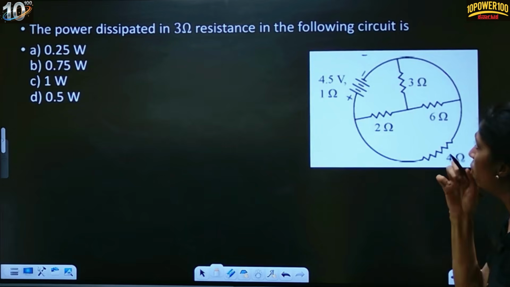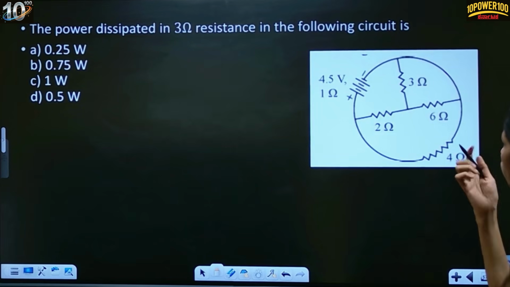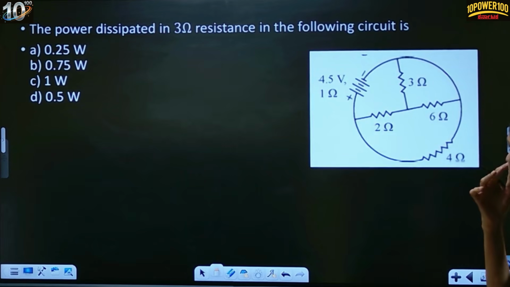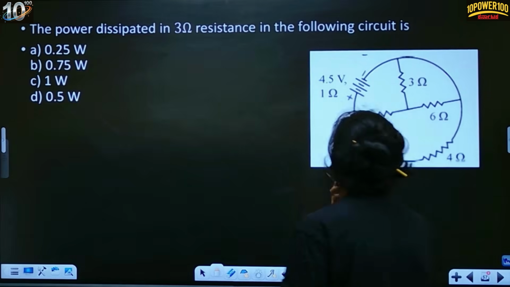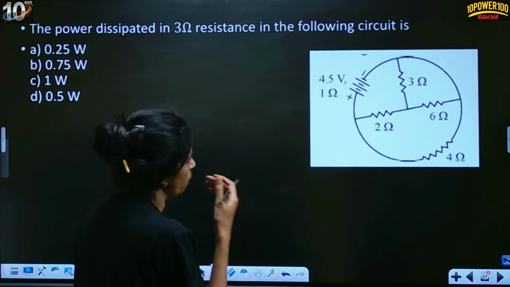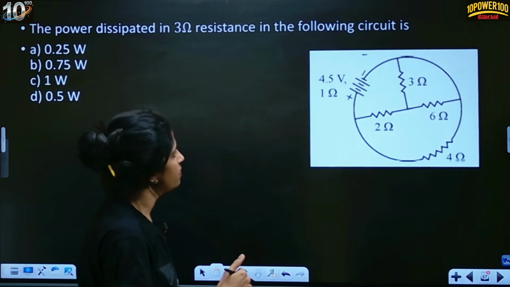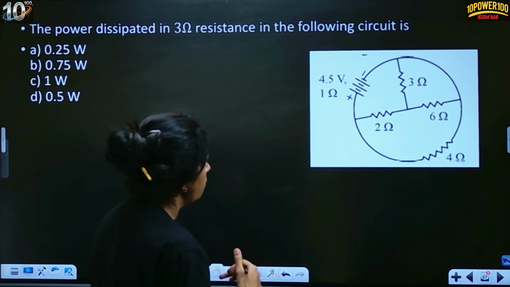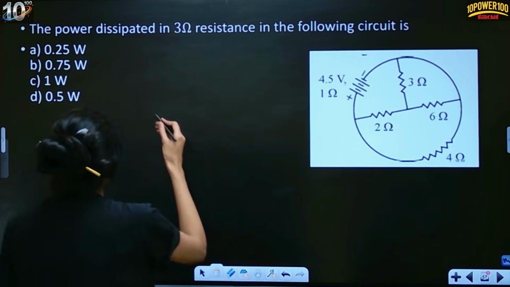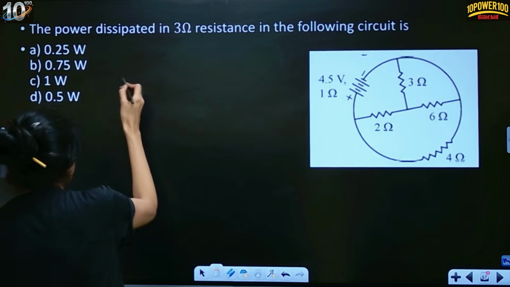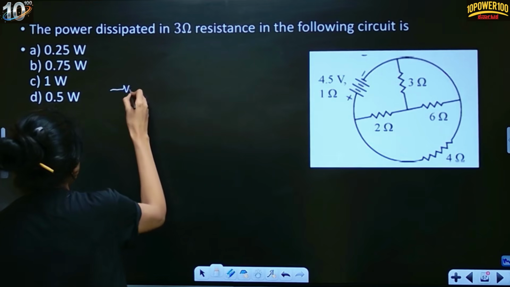Next, the power dissipated in the 3 ohm resistance in the following circuit. This circuit might look very complicated, but if you reduce it, it's very simple. You can just see the circuit in another way, I will draw this.